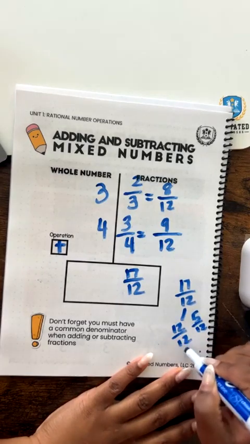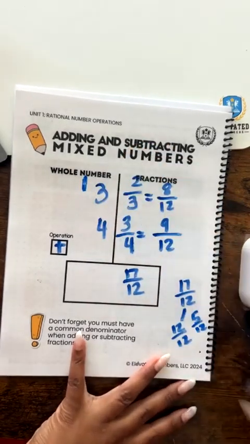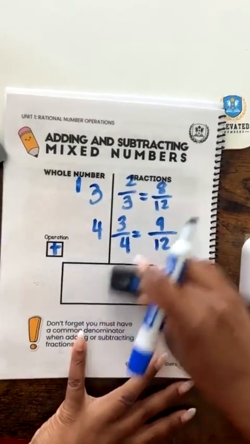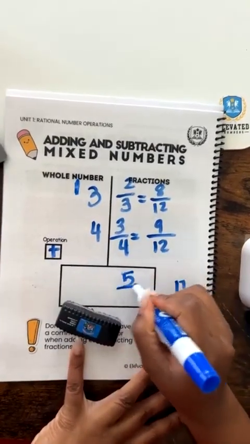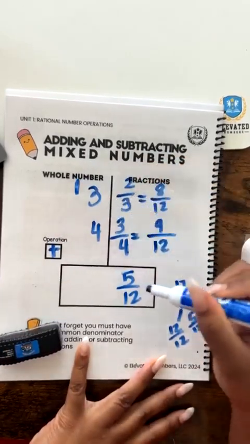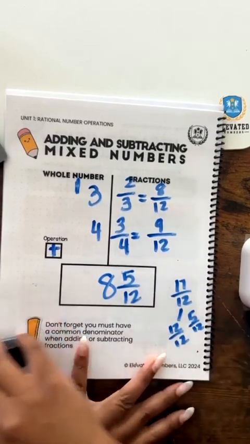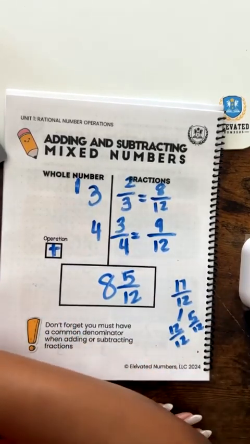So that means that's one whole. I can carry the 1 over here and leave this as 5 twelfths. And now when I add 1 plus 3 plus 4, that's going to give me 8. So 8 5 twelfths. So there you have it.